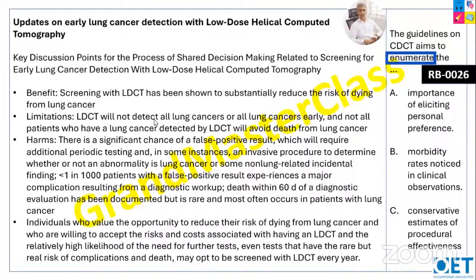Good morning, sir. Good morning, Srilata. Can you explain? Yes, sir. In the first bullet it is given that screening with LDCT has shown substantially.